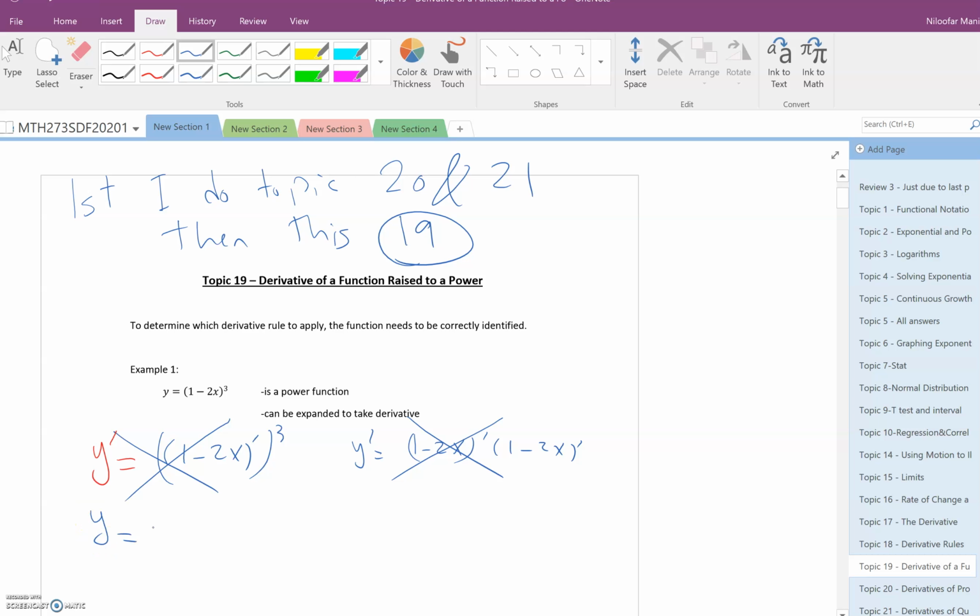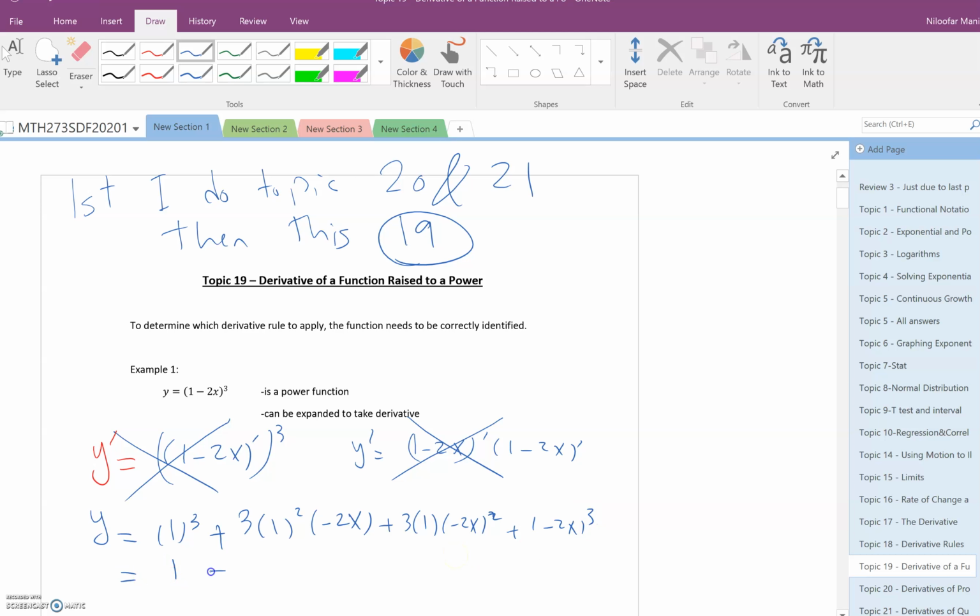For now you can say y is 1 cubed minus 3 times 1 squared multiplied by this, plus 3 times 1 times (minus 2x) squared, plus (minus 2x) cubed, which is by Pascal, right?